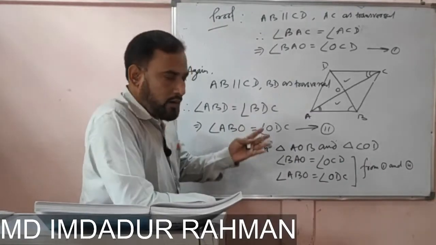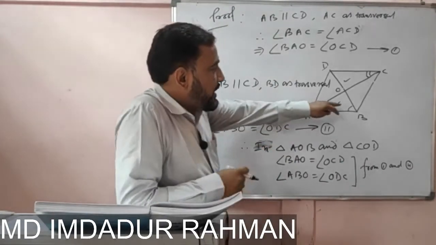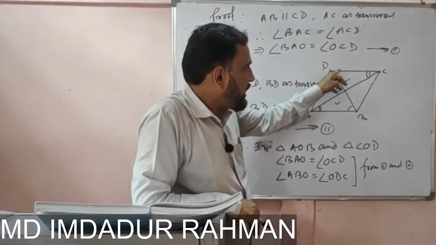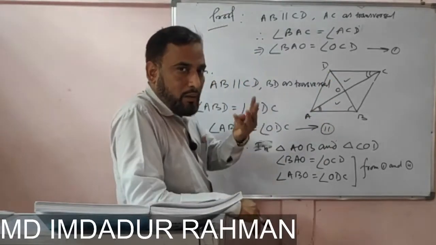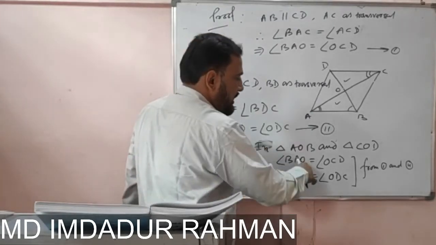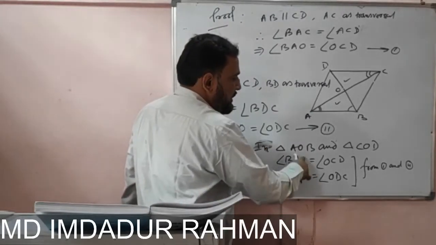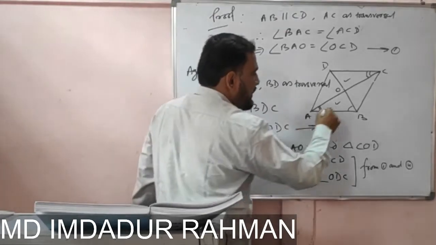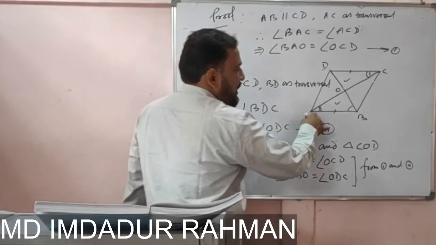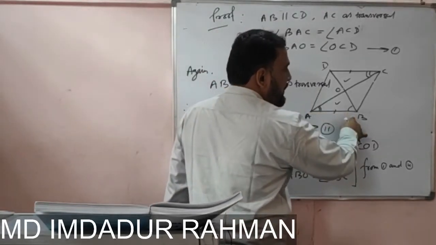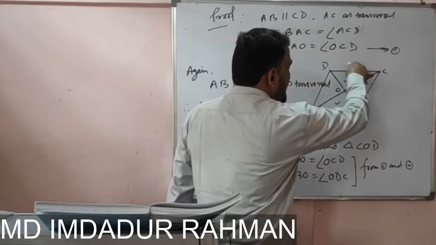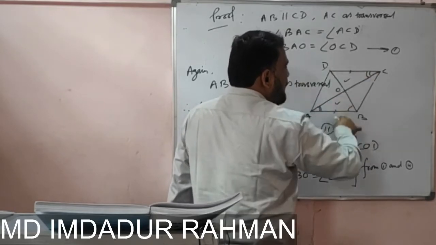And we are showing these two triangles are congruent. To show any two triangles are congruent, we need three parts. Here we have already written two angles, and the included sides are equal, because AB is a side of the parallelogram and CD is the opposite side of AB.